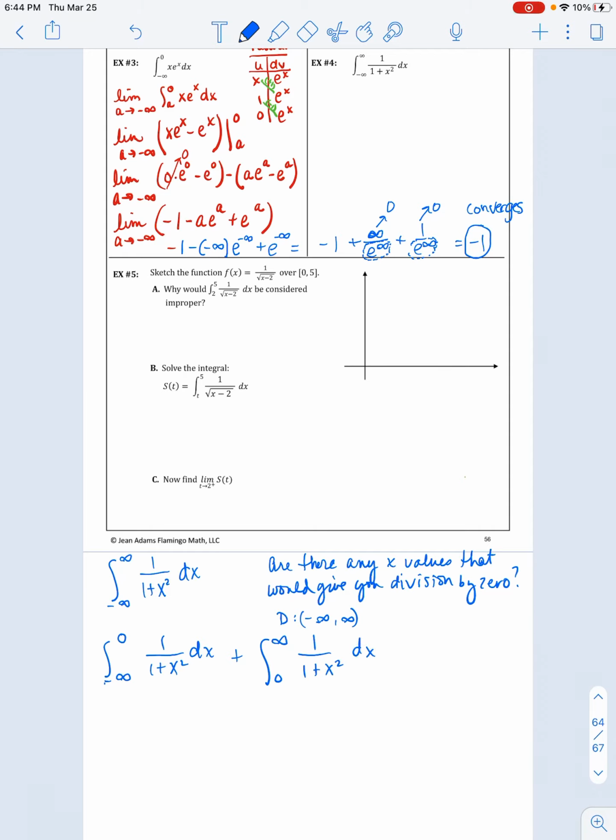A lot of times 0 is easy to put in. So I'm going to break it at 0, but I still have to change these to limits because I still have that negative infinity here. So this is going to change into a to 0. And I still have that positive infinity on this one, so this is going to be 0 to b.